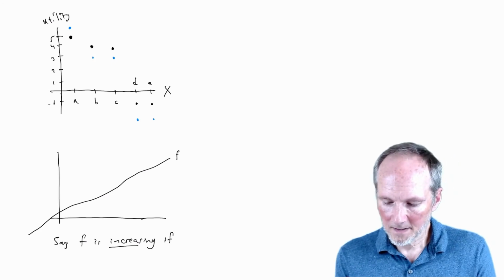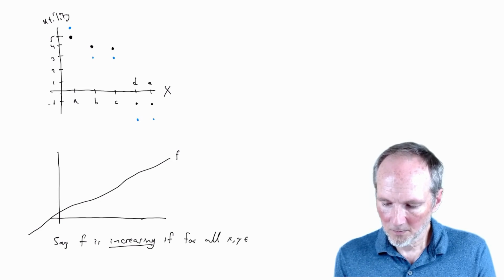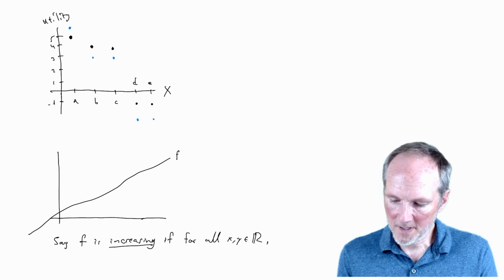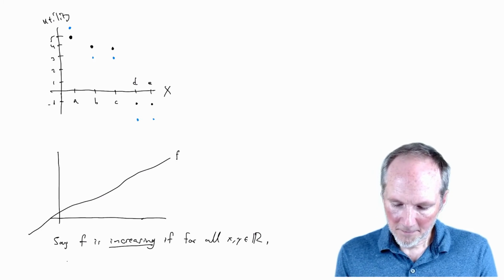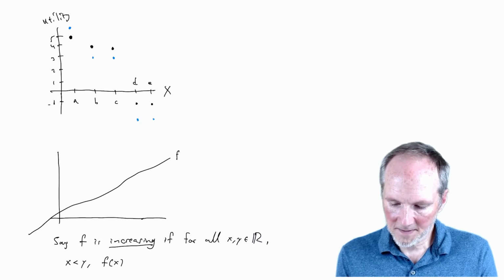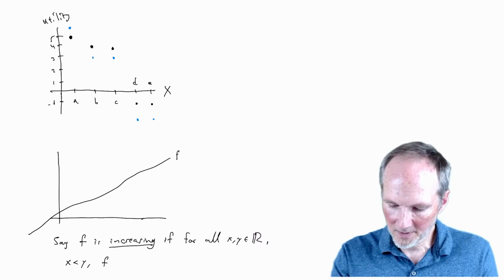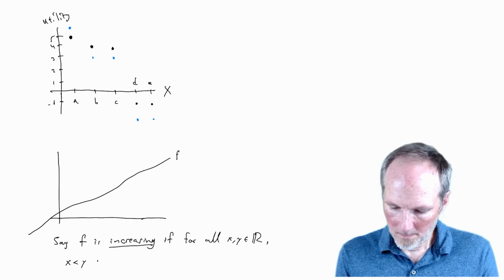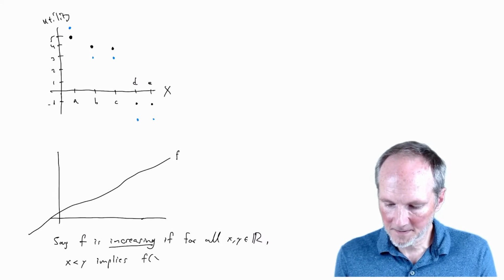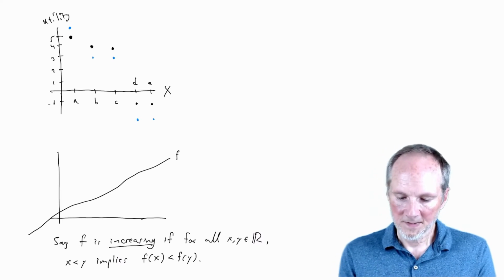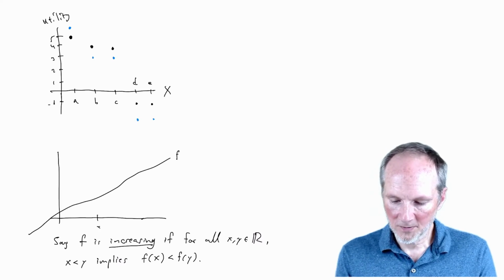Formally, we would say for any two real numbers, x and y, if x is less than y, then f of x is less than f of y. Okay, you can see that property holds here.